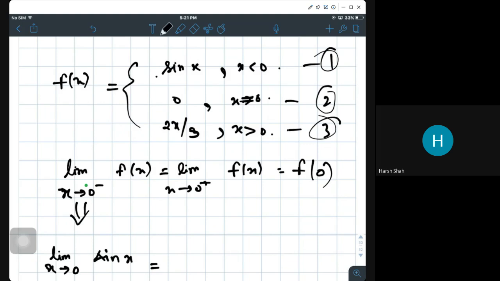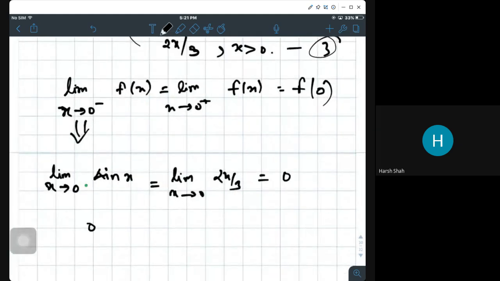For 0 plus, the third: limit x tends to 0, 2x by 3. And the last one will be the second, which is 0, right? Now I have 0 equal to 0 equal to 0. That means the function is continuous. Okay, this is continuity. I hope this is clear. Any doubts?